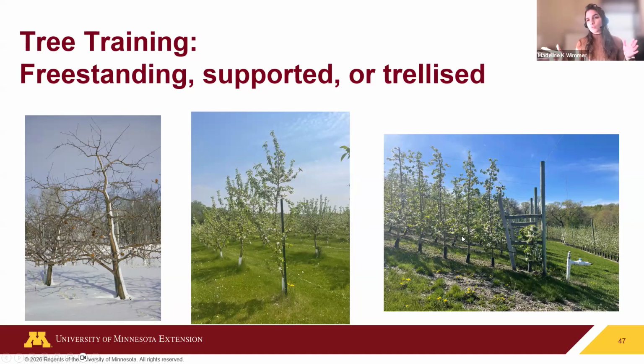There are no permanent scaffold main branches on these trees. They're basically just growing straight up, and then you're rotating the branches out. The whole point of that is that you're bringing the trees closer together and maximizing yield, bringing yield up to speed a lot faster because these trees are coming into bearing within 2 to 3 years.